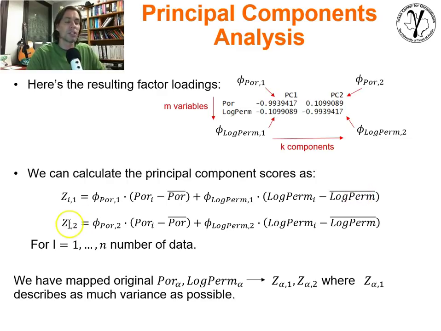And we can do this for principal component number 2. In doing this, we have mapped the original variables into principal component scores, where principal component score 1 is going to describe as much variance as possible.